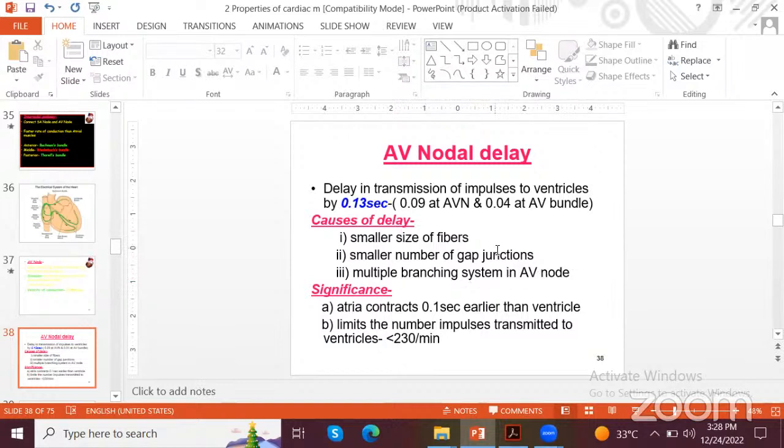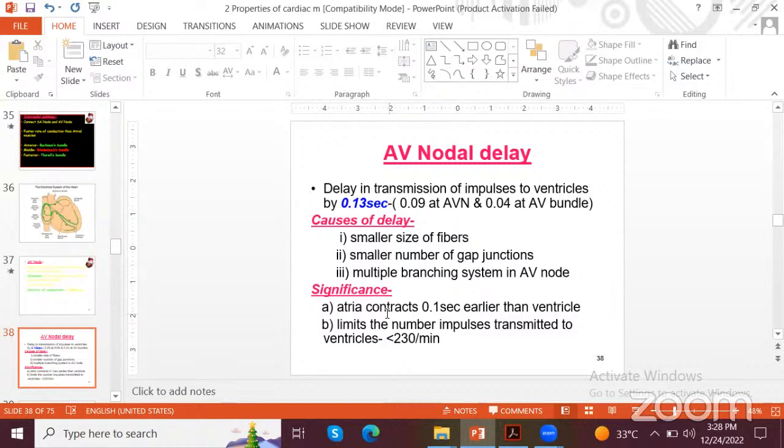I have told you earlier that there is an atrioventricular fibrous ring. This fibrous ring has smaller fibers and a smaller number of gap junctions. That's why there is a delay from the atria to the ventricle.